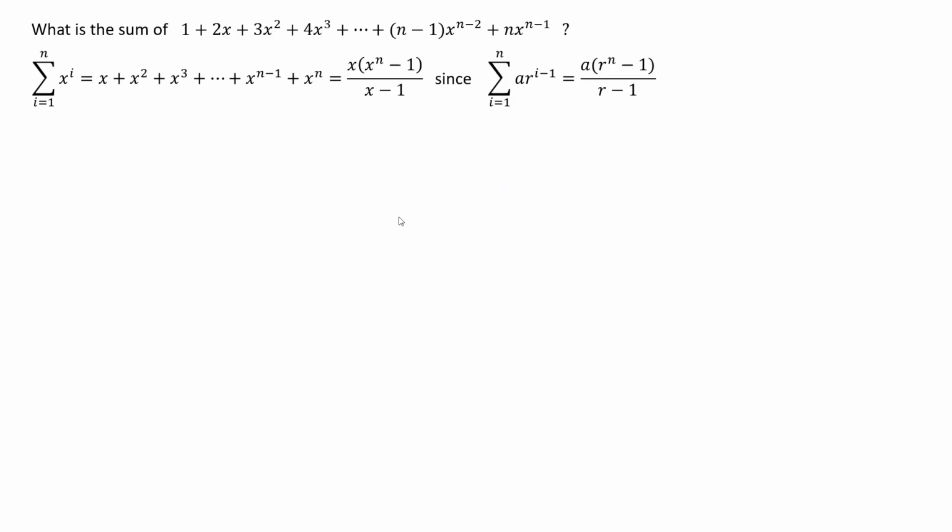Now, check this out. My jaw just dropped when I looked at how people find the sum of this. Recognize our original intention is to find the sum of this. And when they started with this, I'm like, yeah, okay, so what?